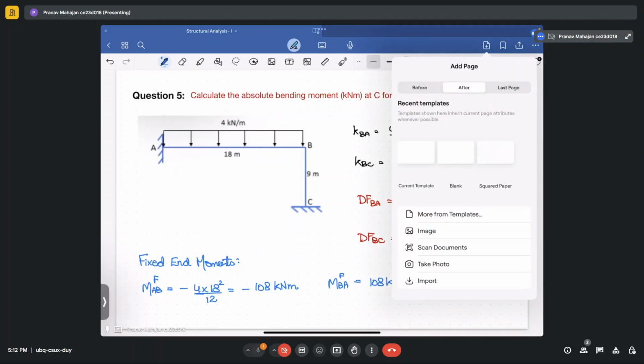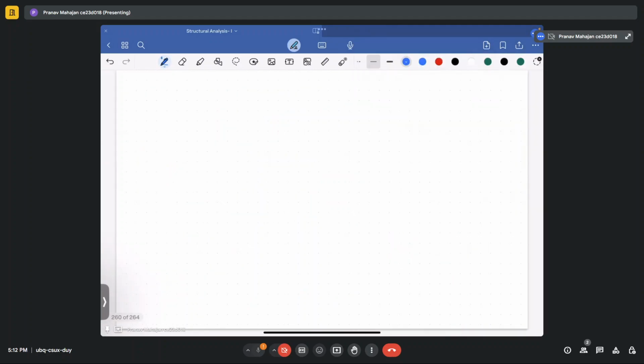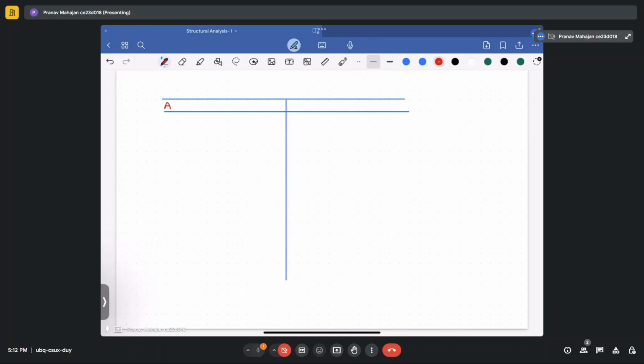Now we will make the table and solve for this whole frame. So this is your A, B, one span, B, C, another span.